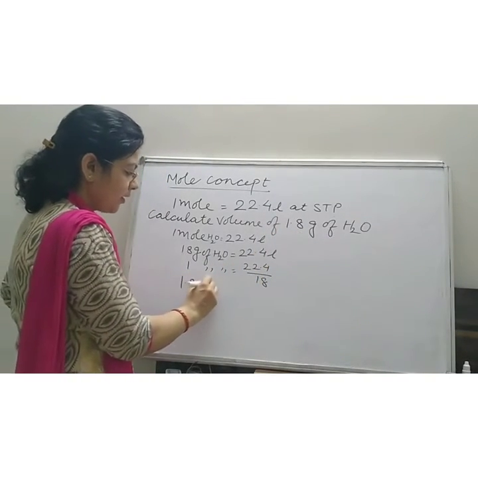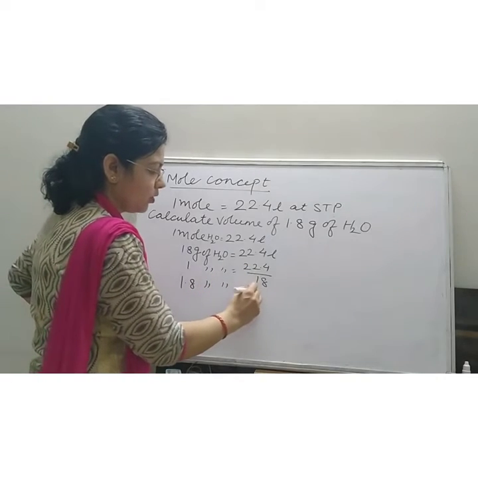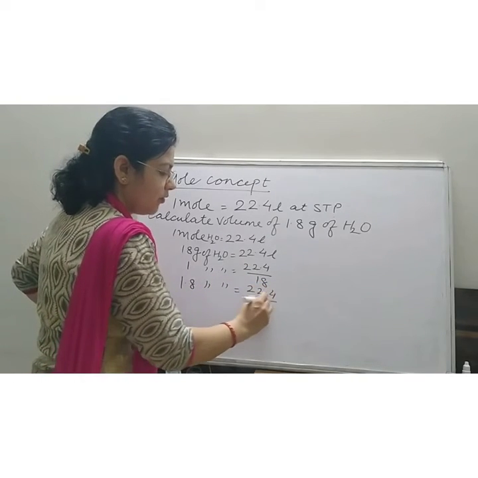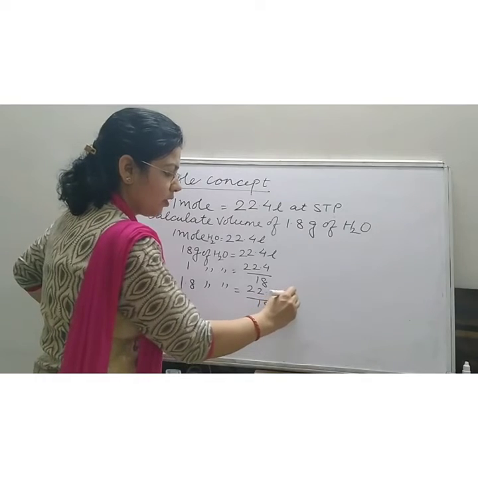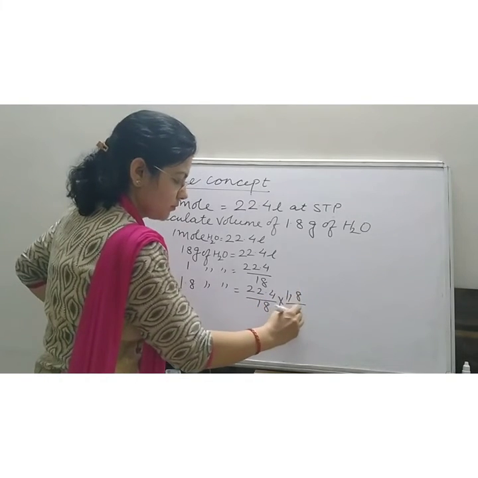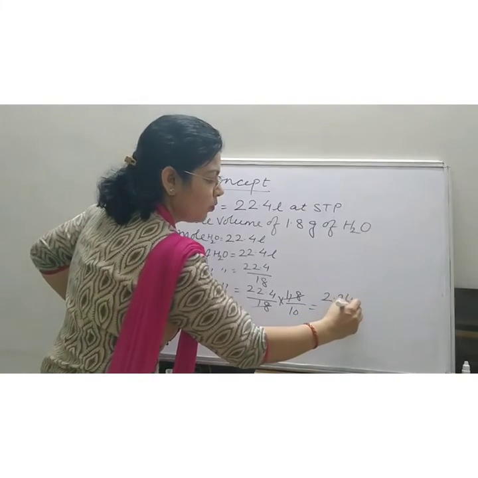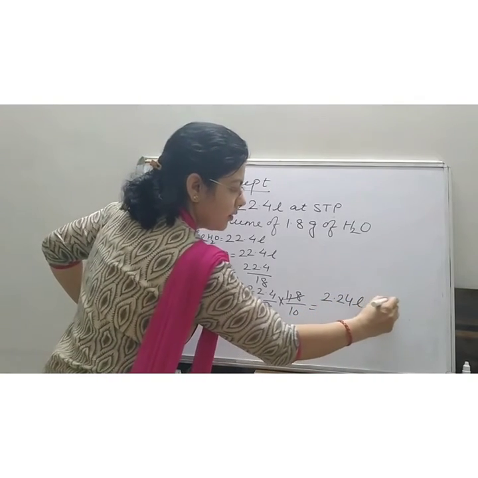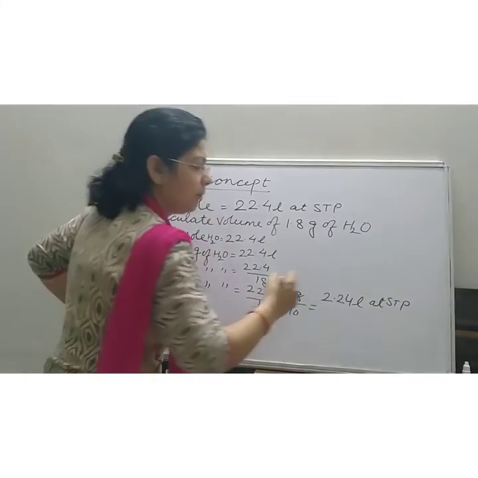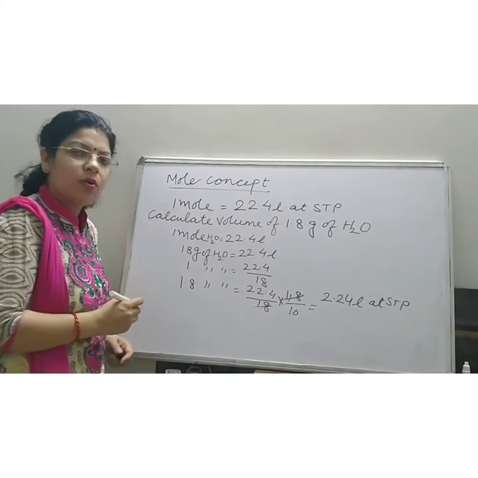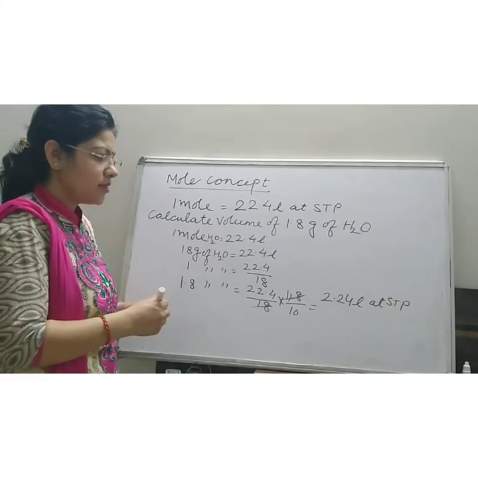So 1.8 grams of water is equal to 22.4 divided by 18 multiplied by 1.8. It comes out to be 2.24 liters at STP.